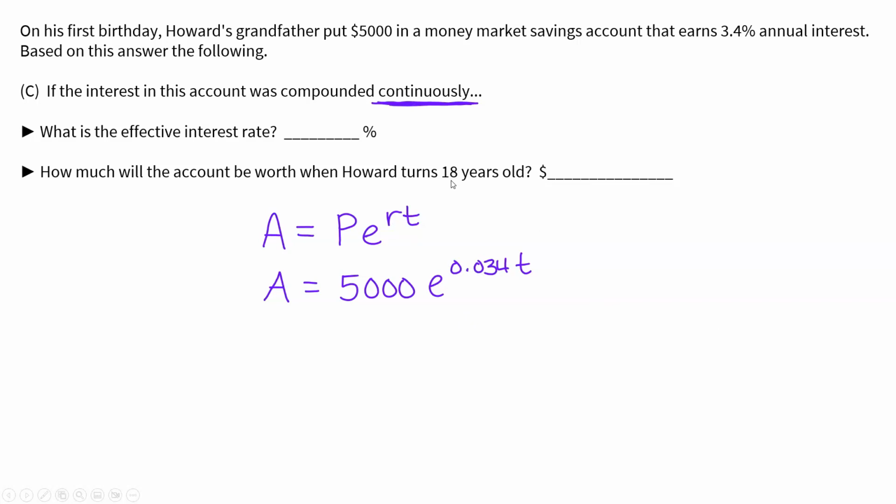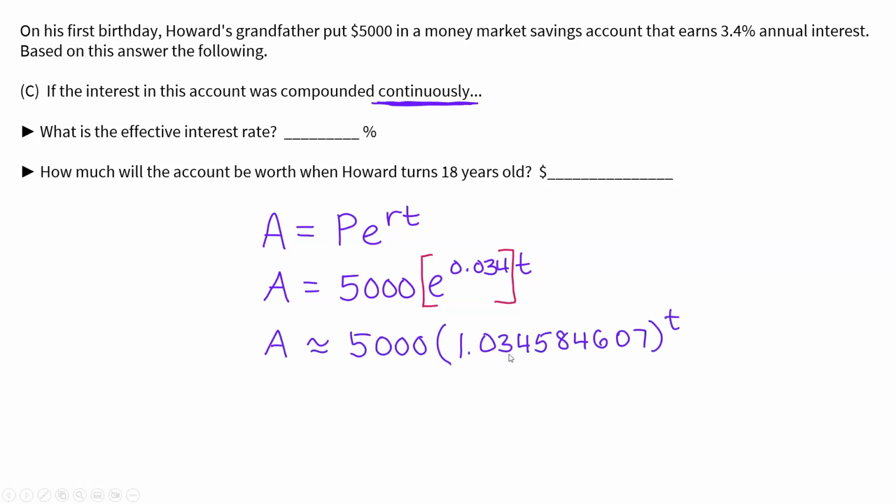And all you're going to do for this is, that e to the 0.034 is going to help you get your effective rate, because you're going to see 1.034584607. And if you look at this, it's about 3.458%, or about 3.46%.